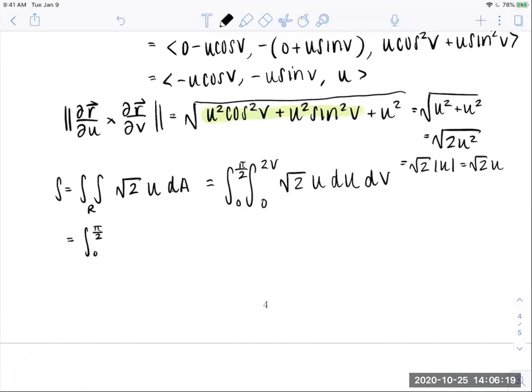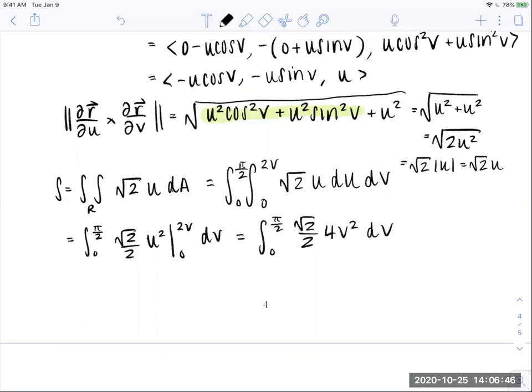Rewriting my first integral, I have the square root of 2 over 2 u squared from 0 to 2v, dv. And so this is the integral from 0 to pi halves of root 2 over 2 times 4v squared dv.